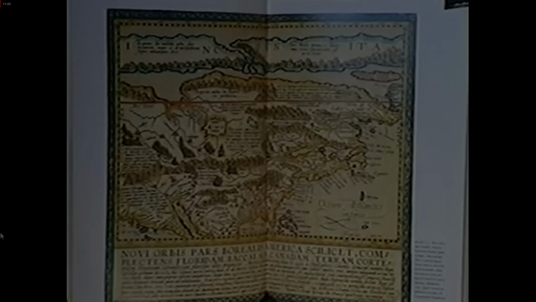Now we're going to enter into the picture a very famous engraver and one of the most controversial figures of his time, Matthias Quadus. Matthias Quadus lived from 1557 to 1613. He was hailed as a brilliant geographer and a master engraver. His engraving style of maps was somewhat different from others.